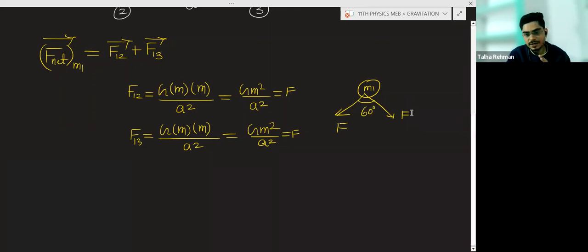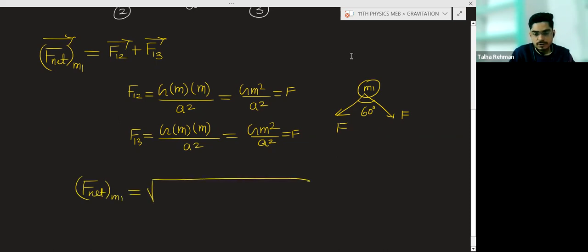So can you find the resultant with the vector? The net force on mass m1 is given by under root of a square plus b square plus 2ab cos 60.